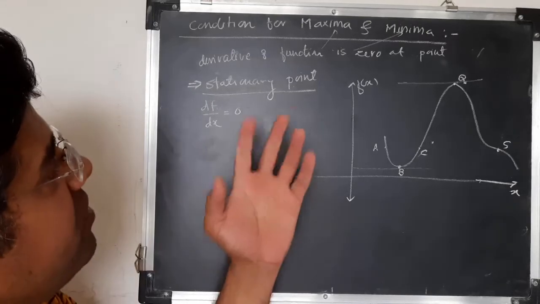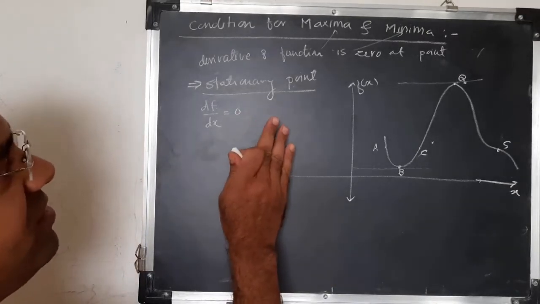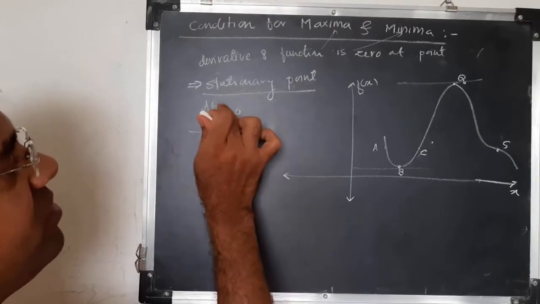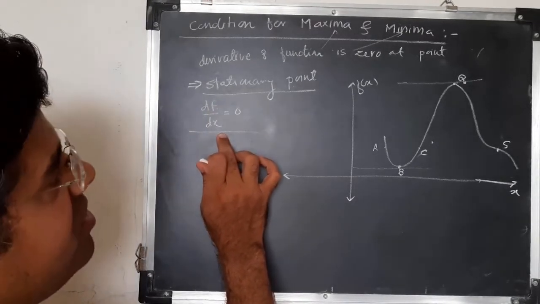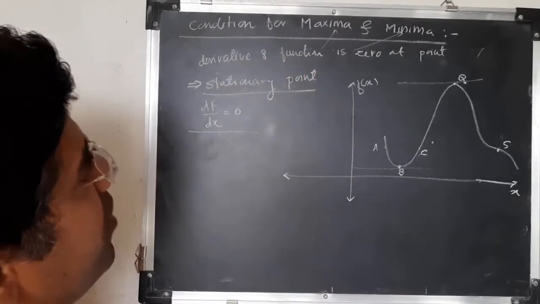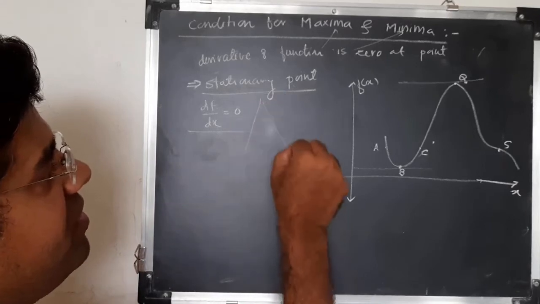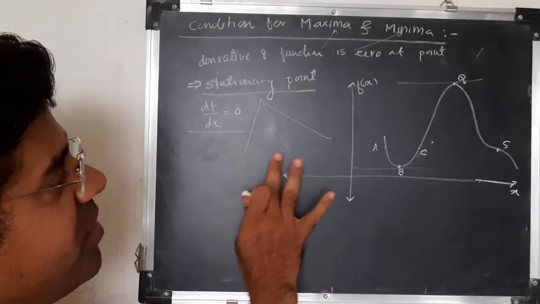Now the stationary point is categorized into 3 cases. First, the derivative of the function must be 0 at one point; that is called your stationary point. The stationary point is considered in 3 cases, one is maxima, minima.